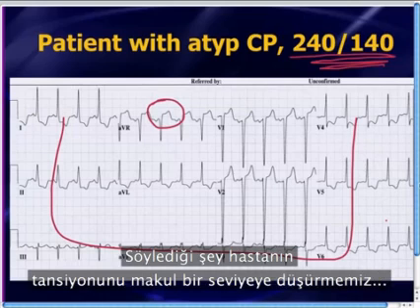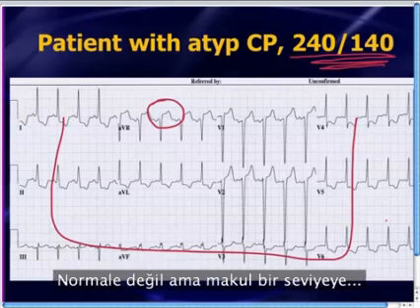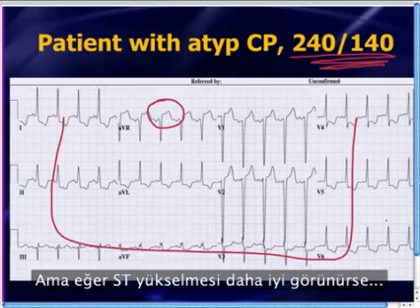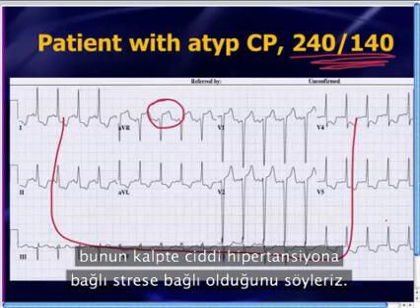So what he said was get the patient's blood pressure down to a reasonable number, not normal, but just to a reasonable number, and repeat the 12 lead. If the ST elevation in aVR continues to look really bad, we'll go to the cath lab. But if the ST elevation in aVR looks a lot better, then we'll presume that it was just severe hypertensive induced stress on the heart.